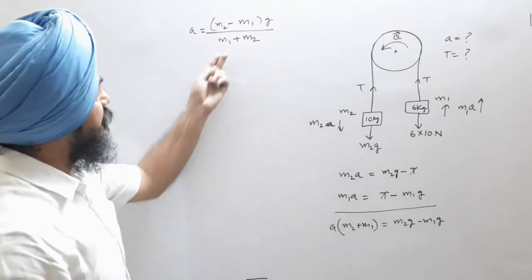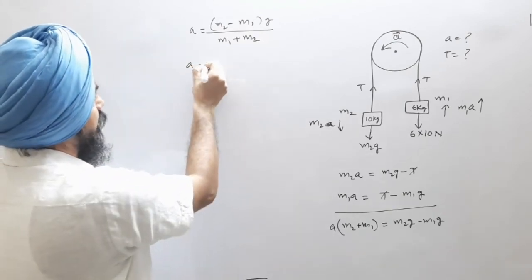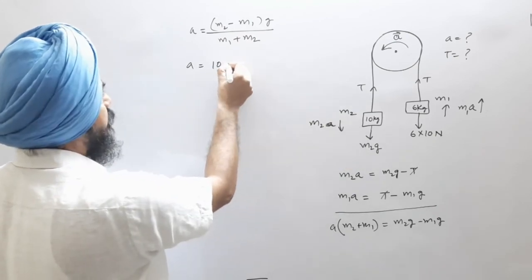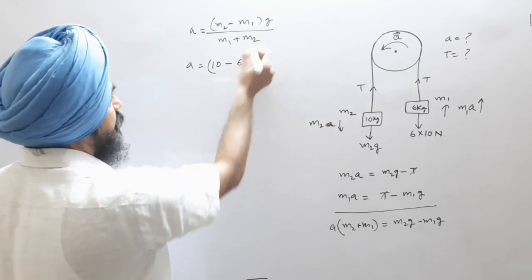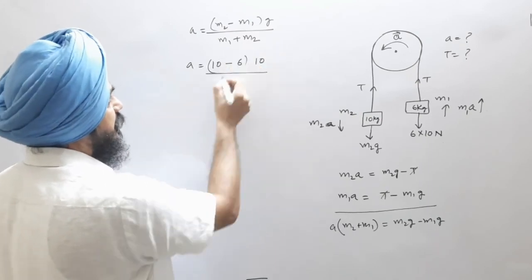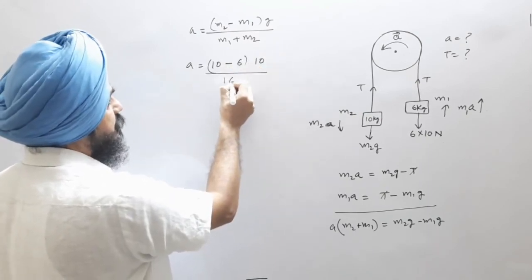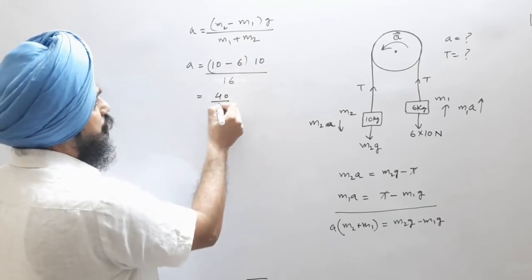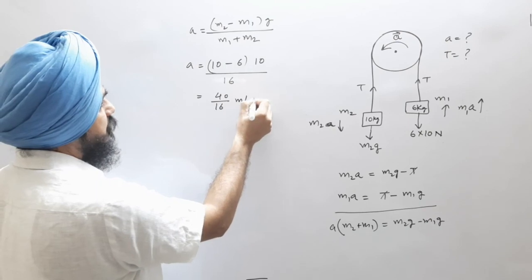Now put the values: M2 is 10 kilograms, 10 minus 6 kilograms, acceleration due to gravity let us take as 10 meter per second square, divided by 10 plus 6, which is 16. So it will be 40 over 16 meter per second square.